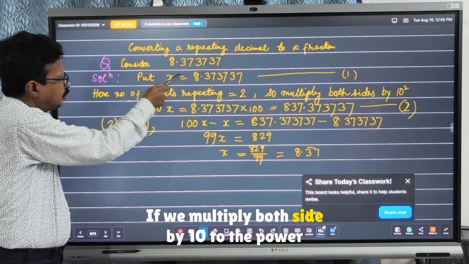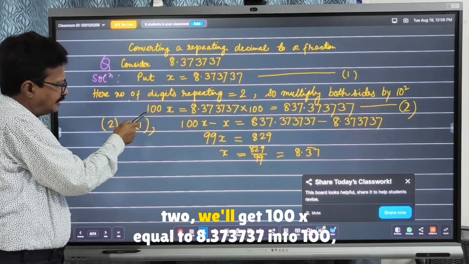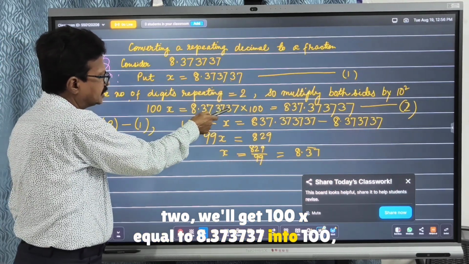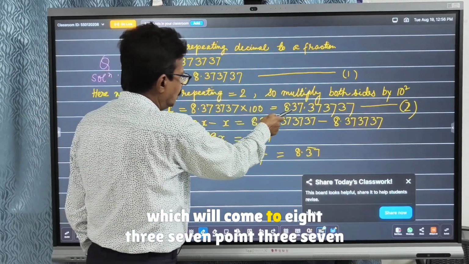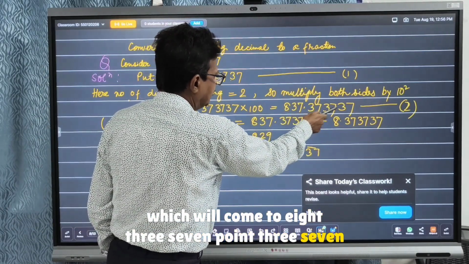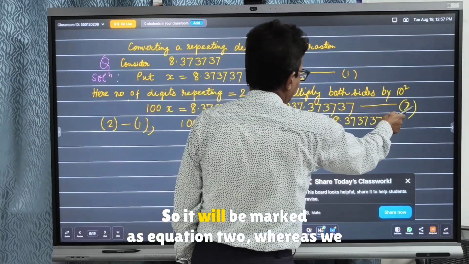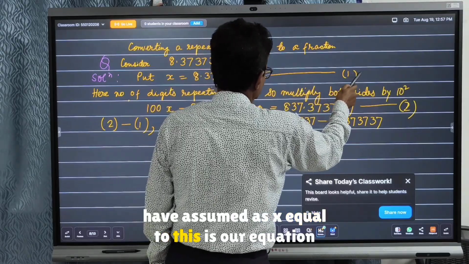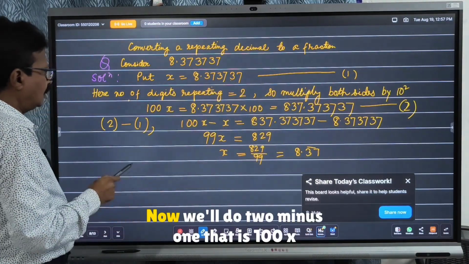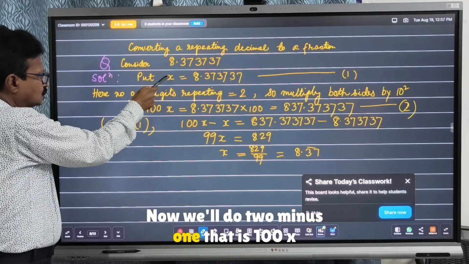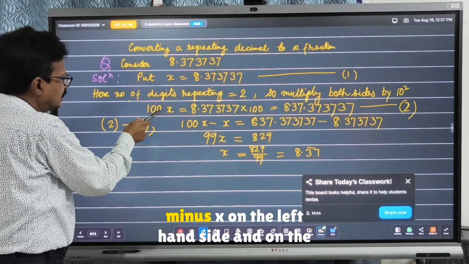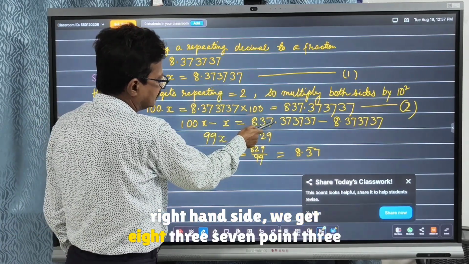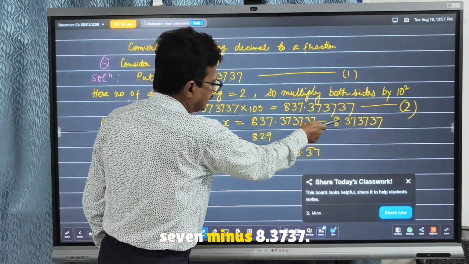If we multiply both sides by 10 to the power 2, we get 100x equal to 8.3737 into 100, which comes to 837.3737. This is marked as equation 2, whereas we assumed x equal to 8.3737, which is our equation 1. Now we do 2 minus 1, that is 100x minus x on the left hand side, and on the right hand side we get 837.37 minus 8.37.